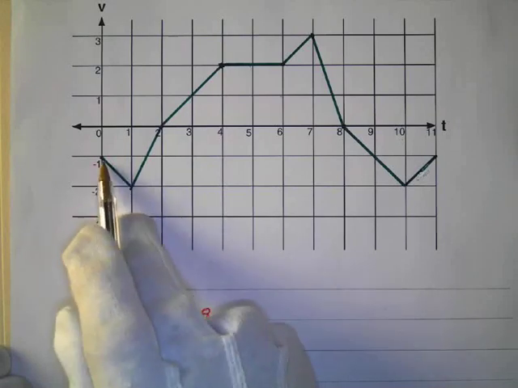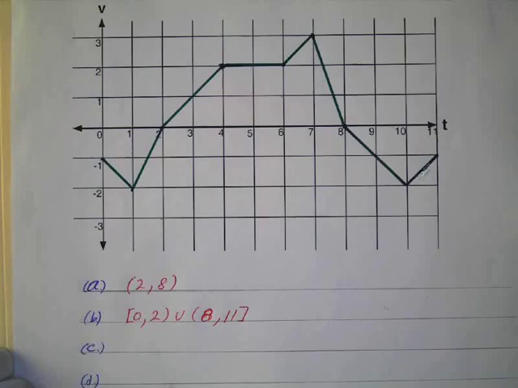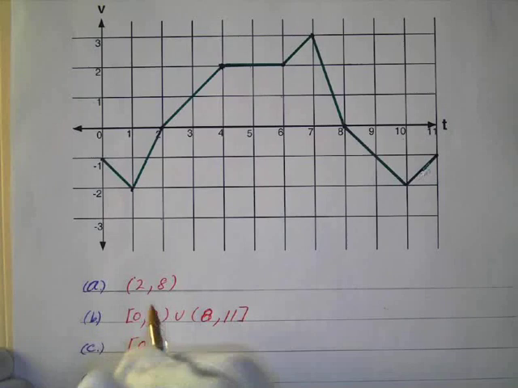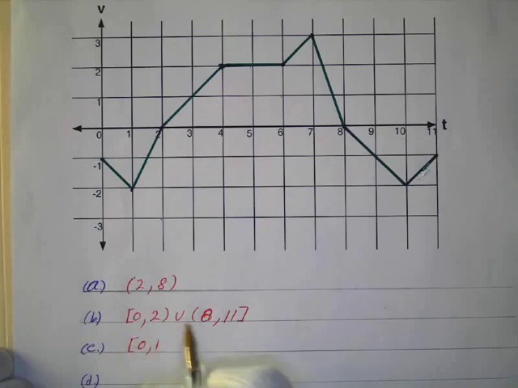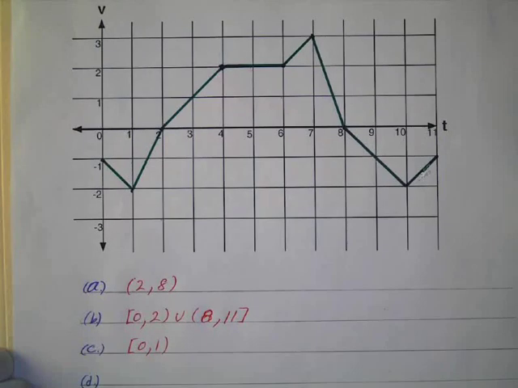That means the acceleration is negative, and the velocity definitely is negative, so we're speeding up from including 0 to 1. All right? But at 1 we don't have a derivative, so we don't have anything, so we have to keep it open at 1. We don't know what's happening at 1.